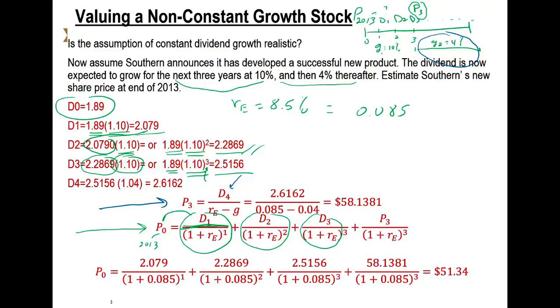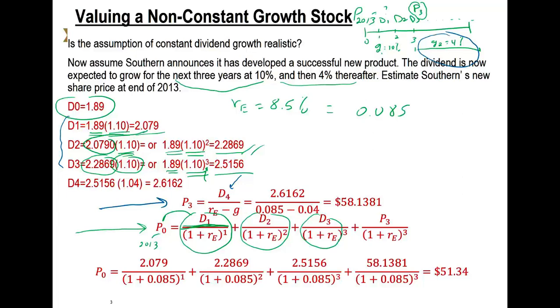Dividend year 4 is nothing more than dividend year 3, but growing at what rate? Be careful now. There's always an inertia that says, since we've been making the first 3 dividends grow at 10%, D sub 4 is just going to be D sub 3 growing at 10% one more time. But careful: after year 3, growth is constant and equal to not 10% but 4%.